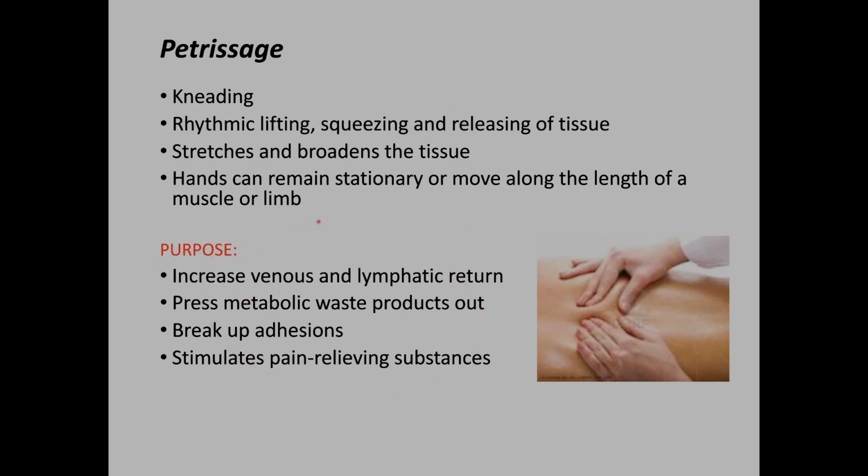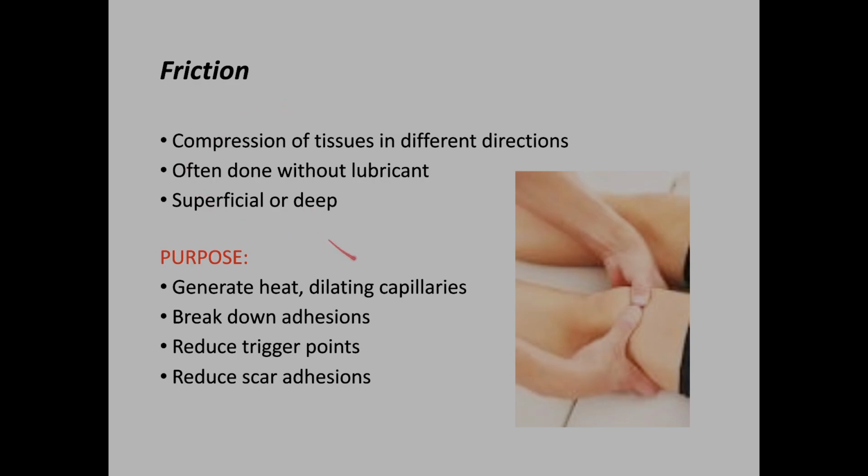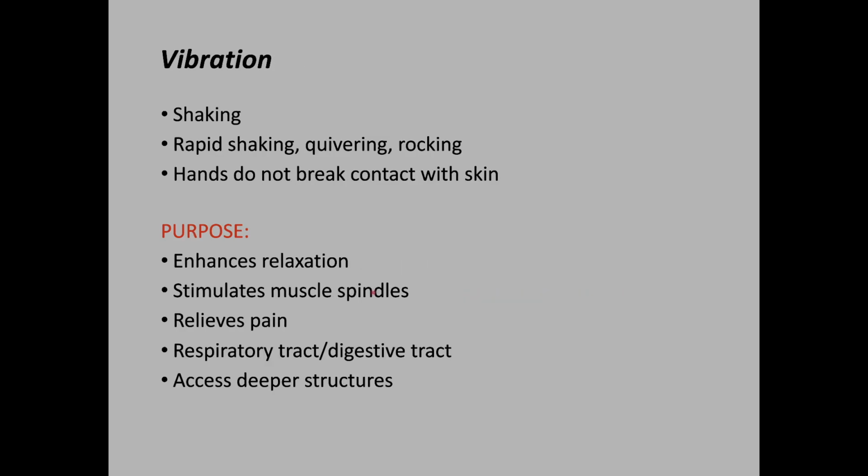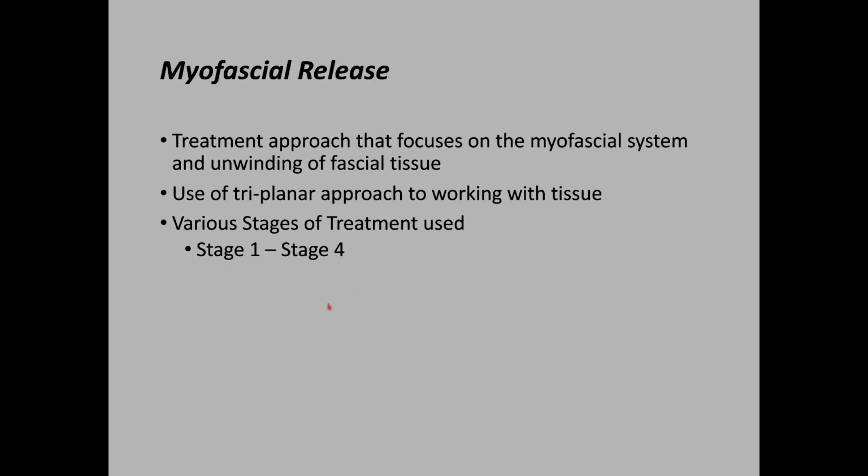How do we do petrissage? Well, it's a kneading, a lifting, squeezing, release of the tissue. And why are we doing that specific stroke for our patient, right? So know these, understand the same thing for friction and the purpose behind it, as well as tapotement and vibration. And then we're going back to effleurage.